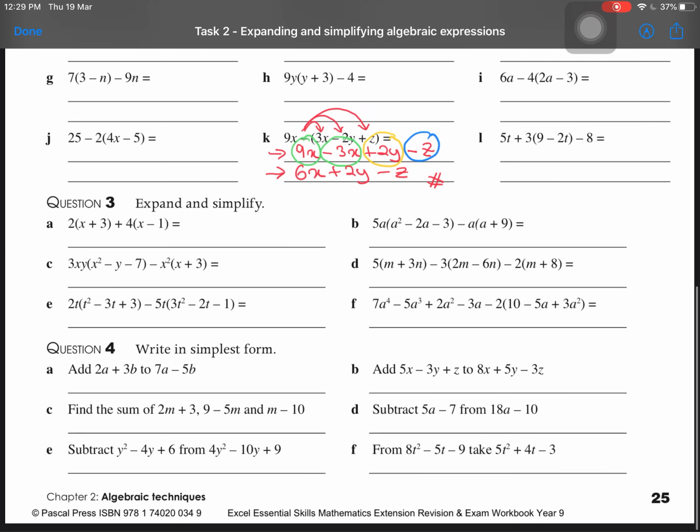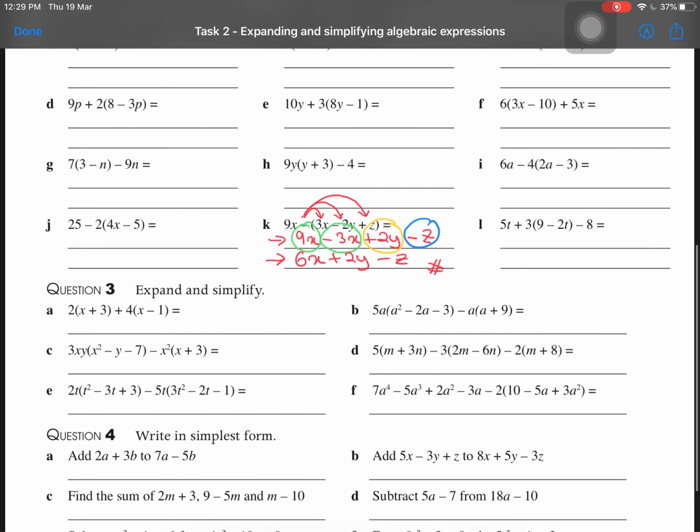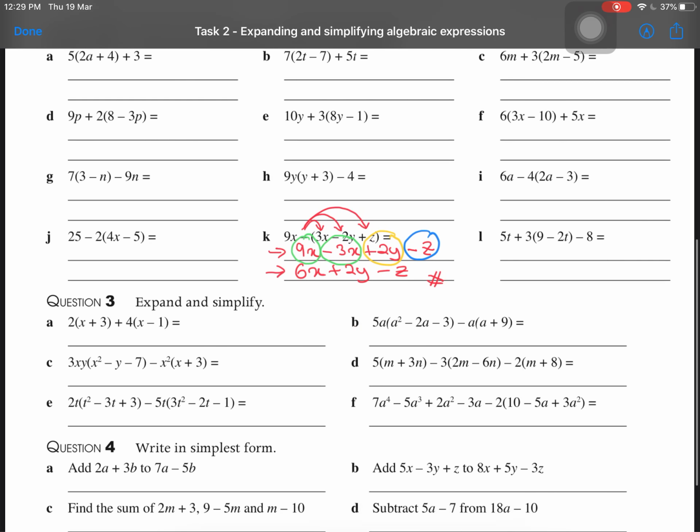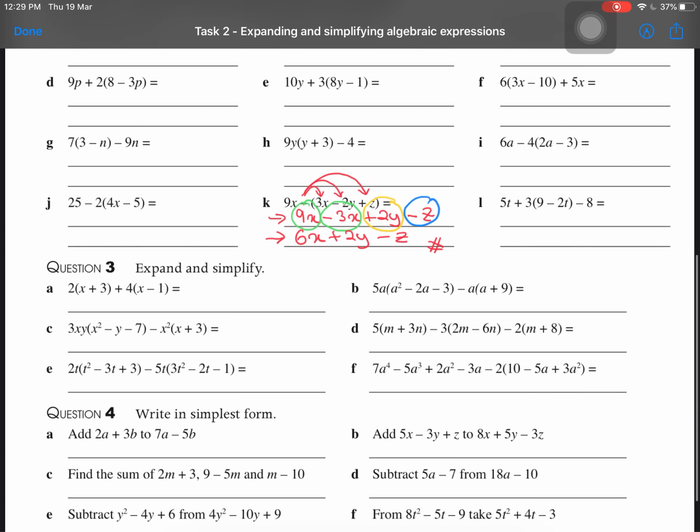But when it comes to question 3 onwards, I want you to be very vigilant when you do working, because most of the time we get things wrong, not because we can't do maths, but because we are quite careless when we show workings, and the moment we miss one thing, everything's wrong. That's sad.